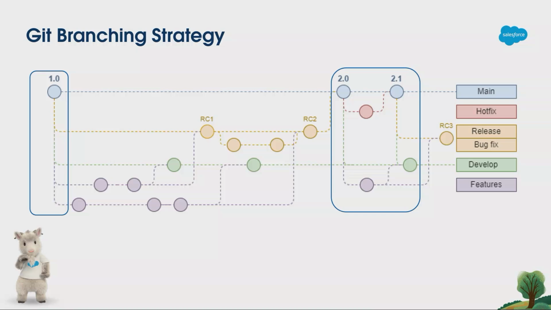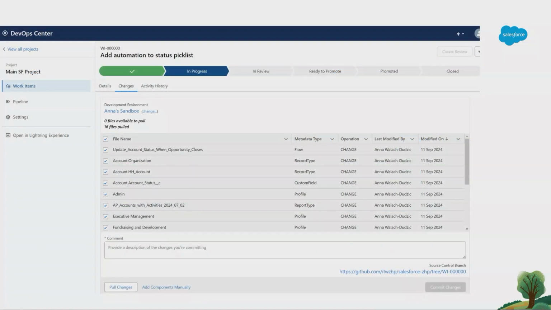When Cloudy was explaining all this to Cody, he stopped for a moment. You know what? You can also find these strange-looking commits in our repository. And that's because I'm using something which is called DevOps Center. Previously, I was doing stuff either directly on production, or I was using change sets.